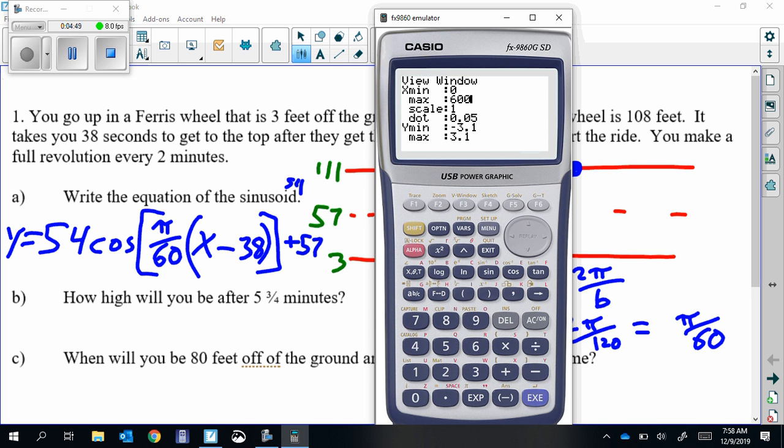So we're talking about going around 2 minutes. It takes 2 minutes to go around, so that might be enough. And here it talks about 5 3/4 minutes. Our y's, we said it's got to be at least 3 to 111. I'm going to do 0 through 120, just because those are easier to type.